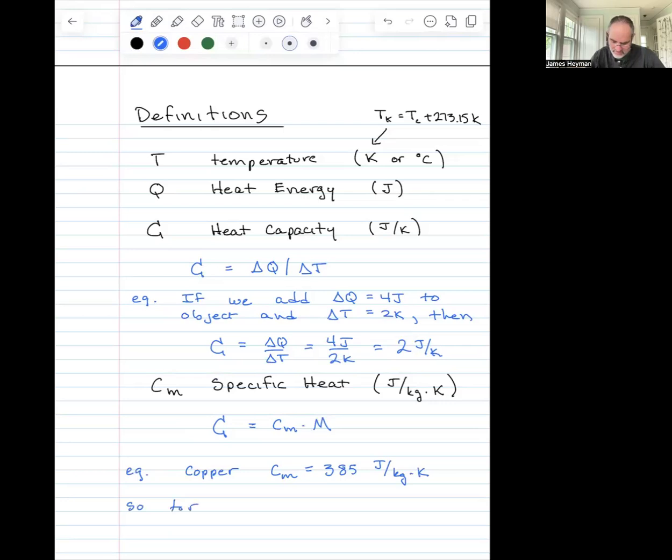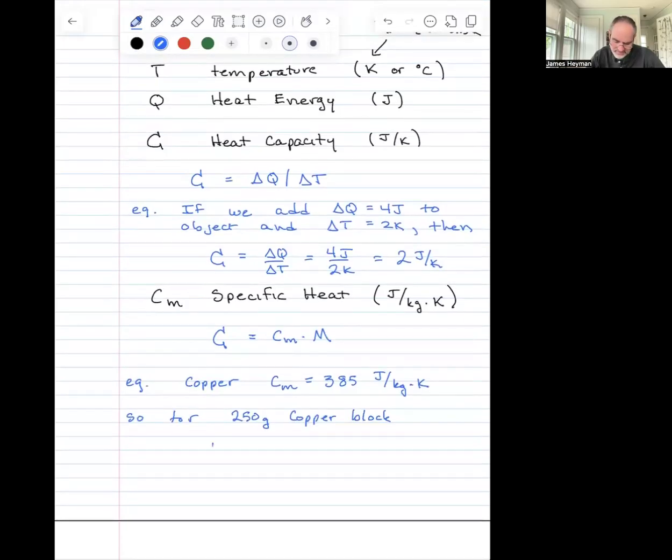So for, let's say, a 250 gram copper block, the heat capacity of that block would be 0.25 kilograms times 385 joules per kilogram per Kelvin, or 96 joules per Kelvin. Okay? So, heat capacity and specific heat.